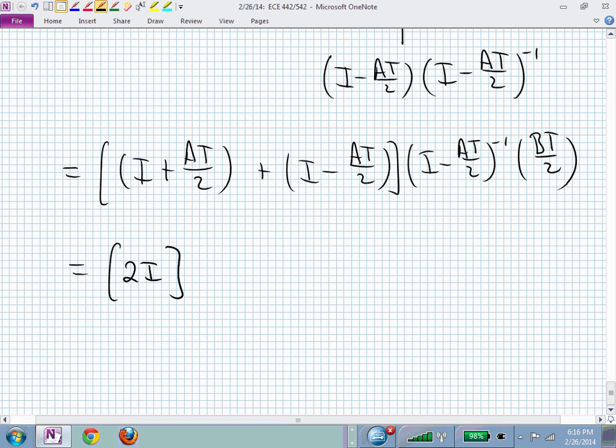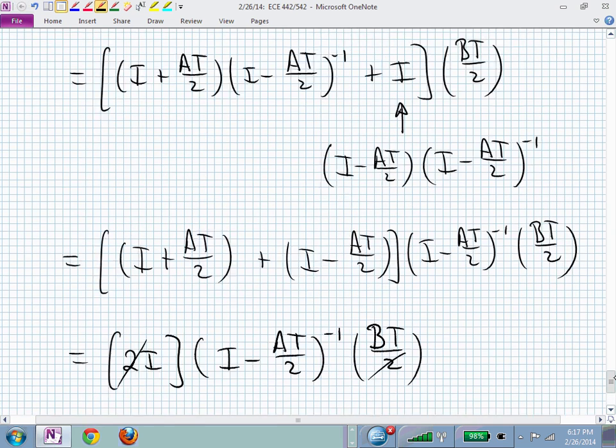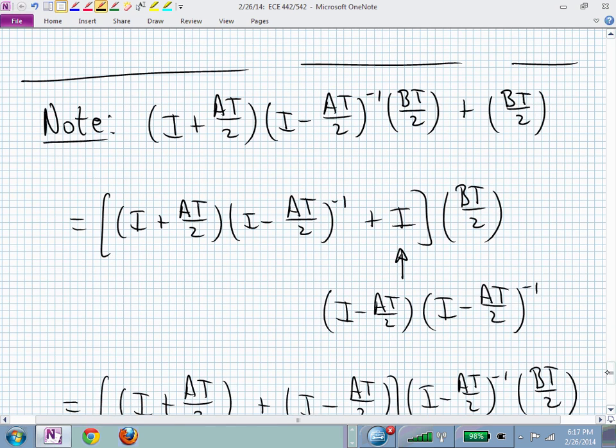Is that okay? And now I have I minus AT over 2, and those 2's cancel. So I now have cleaned this up to where I have I minus AT over 2 inverse, and that is going to replace this mess that we started with.